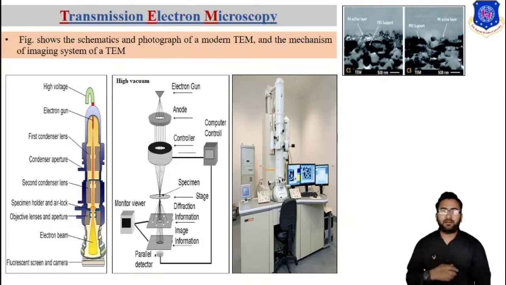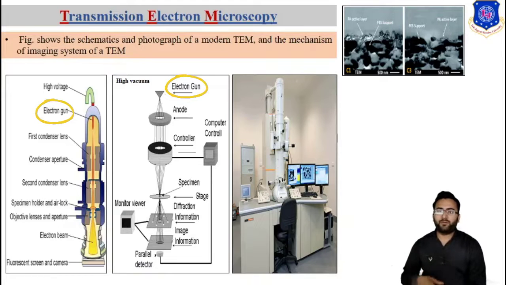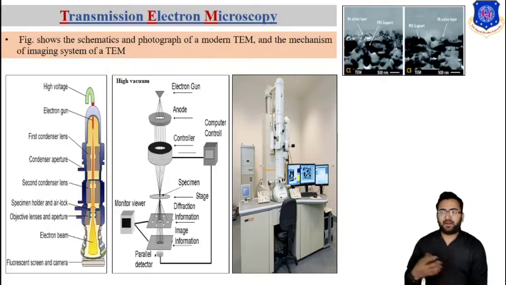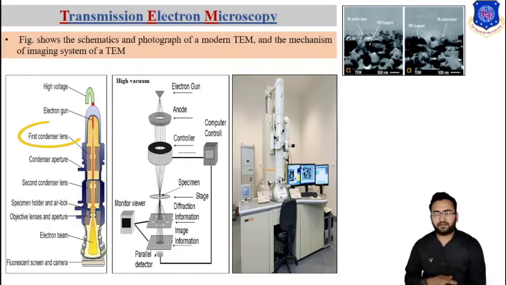There is a light source, a condenser, a specimen stage, an objective lens and projector lens, then a screen, photographic film and CCD camera. You can see the entire setup in this image. Here is the electron gun, which provides the electrons. This is used to accelerate the electrons and transmit them to the condenser lens, and then to the second condenser lens.